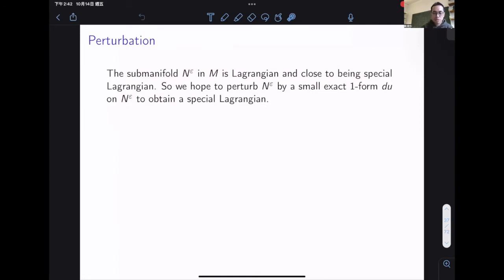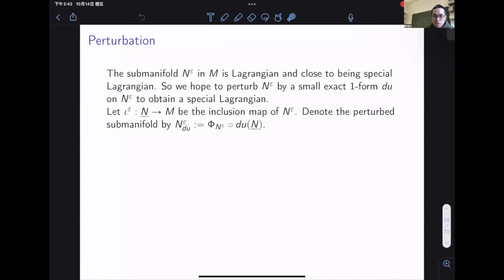Okay, so the submanifold N epsilon constructed by the gluing construction is just Lagrangian, but it's also close to being special Lagrangian. So we hope to perturb this N epsilon by a small exact one form du such that we get a genuine special Lagrangian submanifold.